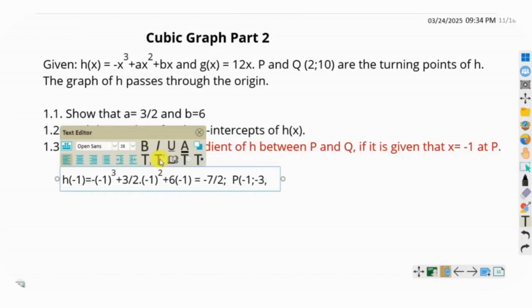The coordinate of Q we are given, it is 2 and 10. Okay, so let us use this to get the average gradient.